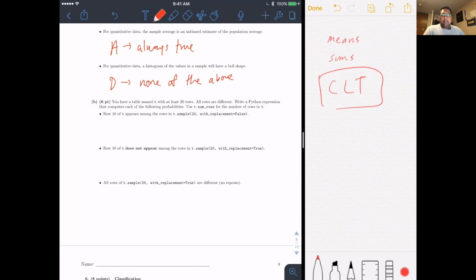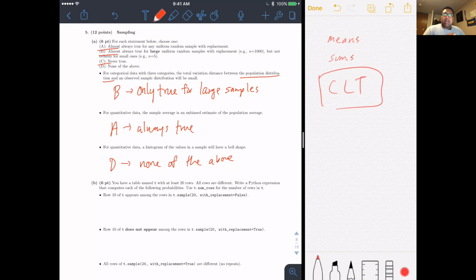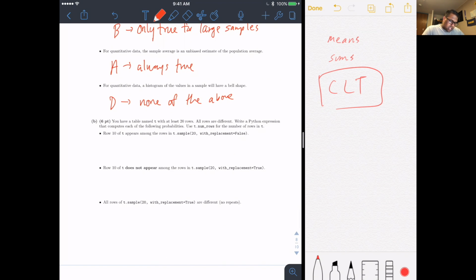So the next part, we have to write some Python code to compute these probabilities. Just to make it a little easier, we'll say that n is equal to t.num_rows, just in terms of our visualization. Okay, so the first one, we're sampling without replacement.